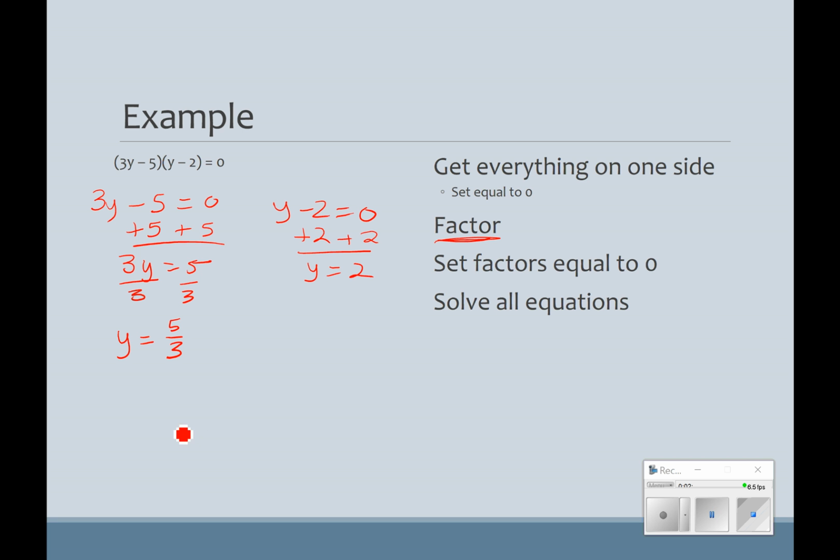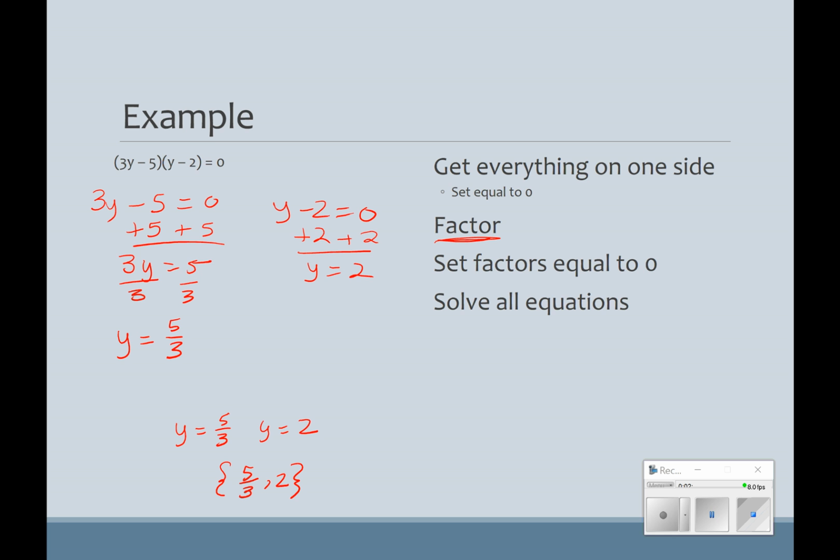So I have two solutions: y equal to 5/3 and y equal to 2. If I want to write it as a solution set, I'm going to use braces, 5/3 and 2. It doesn't matter. I would accept either, or you can just box your answers.